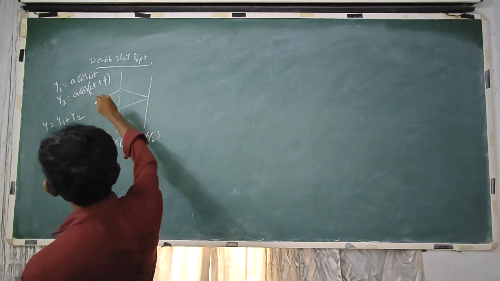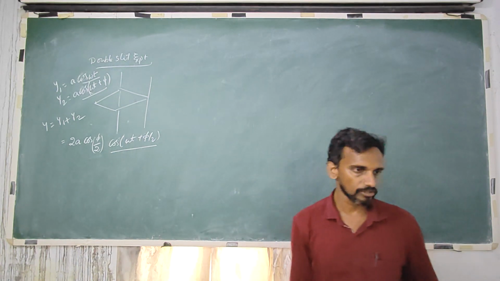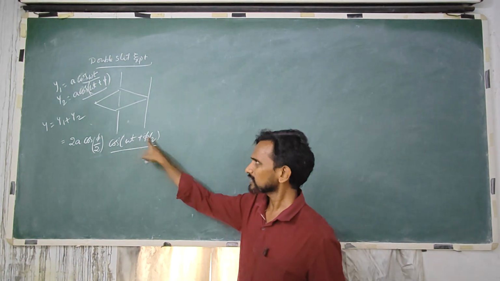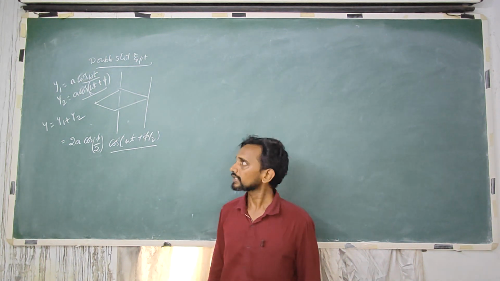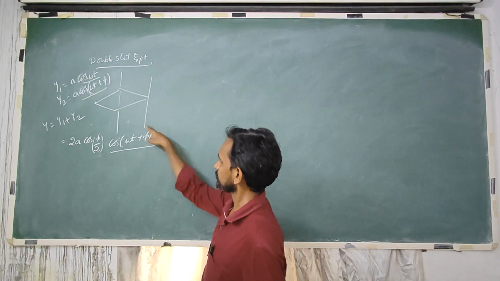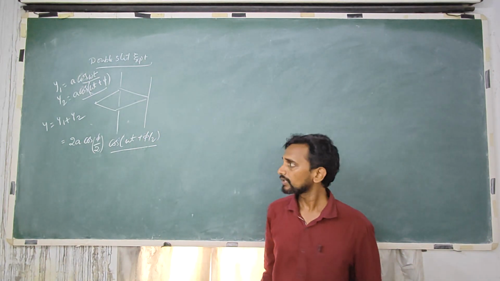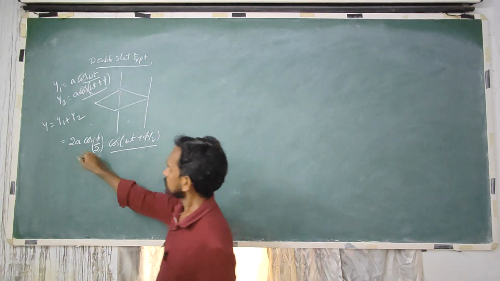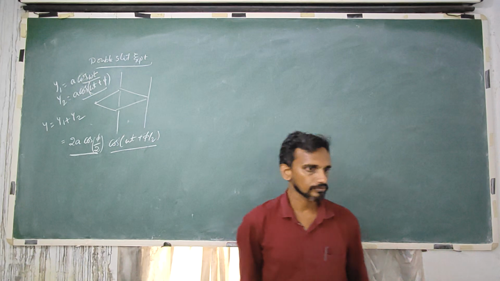So here the basic function, cos omega t, the waveform is almost the same with a phase factor variation. So omega t and omega t plus phi, when you add both of them, you get omega t plus phi by 2. And instead of a, the amplitude is now changed to a cos phi by 2.